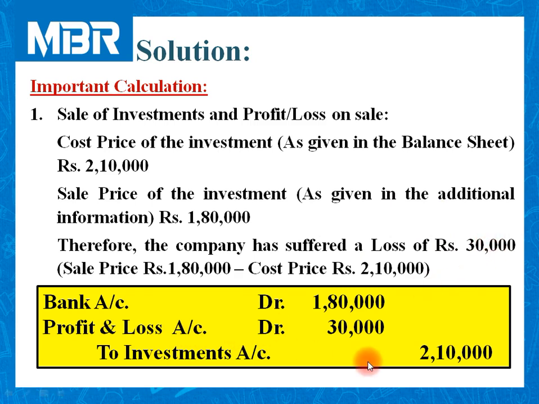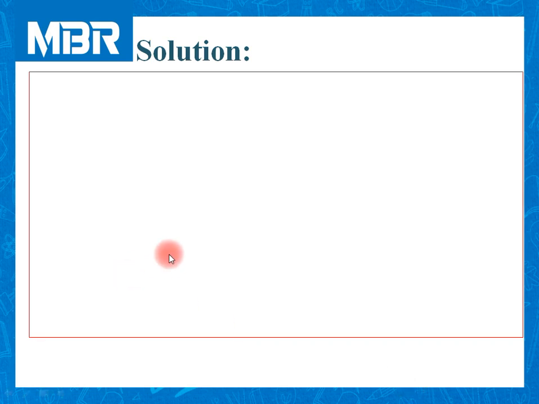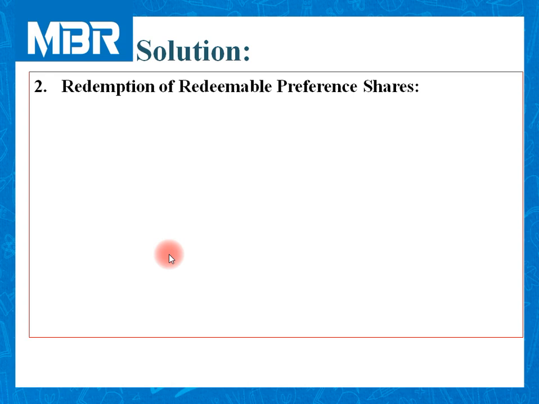And investment goes out, so to investments account 2,10,000. With this entry, our transaction related to sale of investment and profit or loss on this sale comes to an end. Let us enter into the process of redemption.